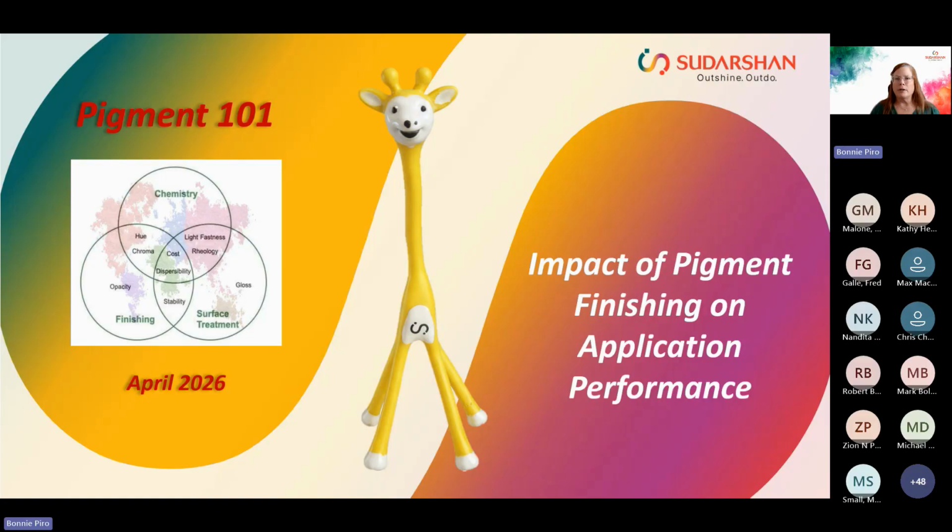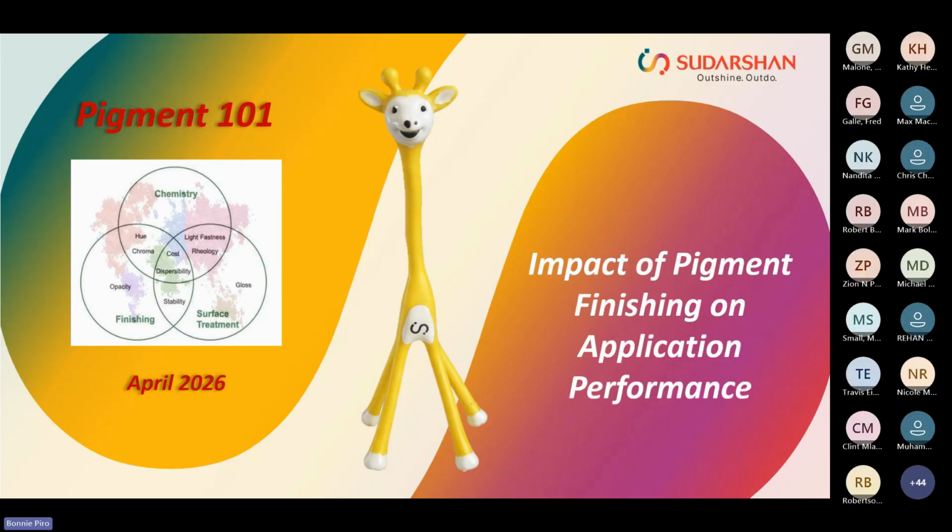And today we are talking about the impact of finishing on application performance. So we've done this topic a couple of times over the years. I refreshed it so that I'm taking a little bit of a different perspective and looking at the types of finishing that are done and how they result in different performance aspects of it.